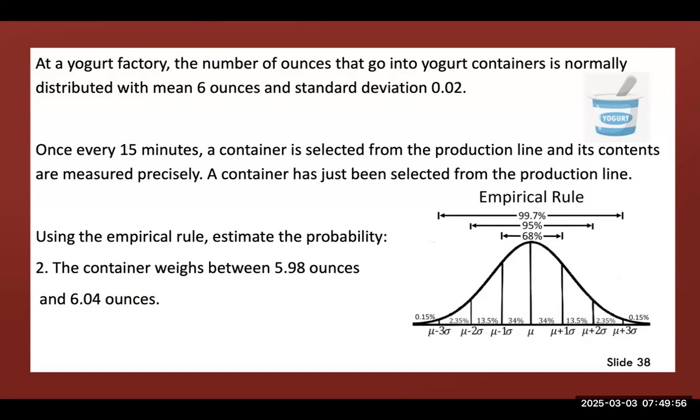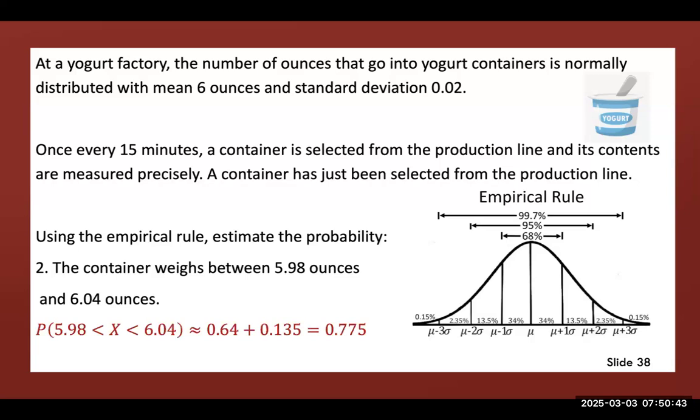If a container had just been selected from the production line, what's the probability the container weighs between 5.98 ounces and 6.04 ounces? 5.98 ounces is 1 standard deviation below the mean, and 6.04 ounces is 2 standard deviations above the mean. So we look at the graph for mu minus 1 sigma and mu plus 2 sigma, add all of the percentages in between, and write it as a decimal.